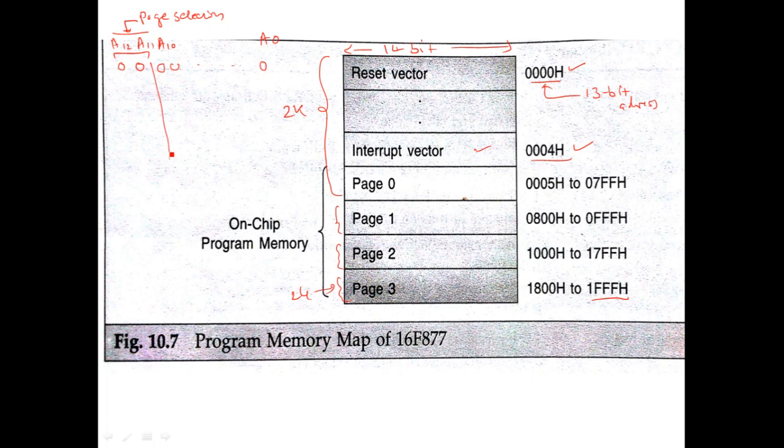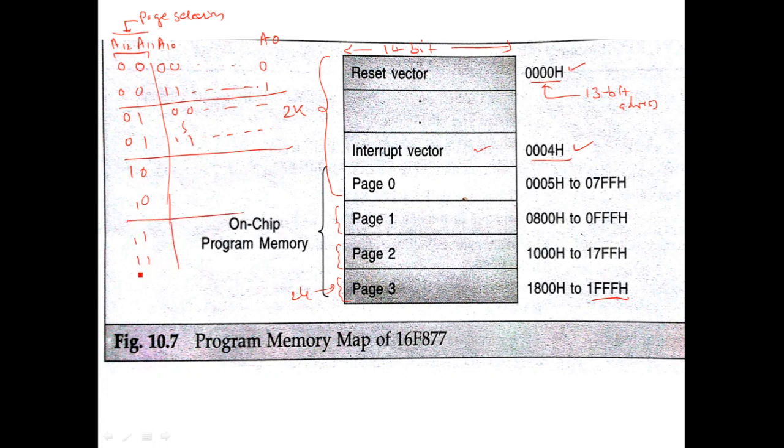Okay, and you can understand how this addressing will go on. So 0, 0, with all zeros to all 1s, that will be page number 0, then 0, 1, all zeros to all 1s. This is page 1, this is 1, 0, and then 1, 1, with all bits 1. Right, so this address is your 1FFF.